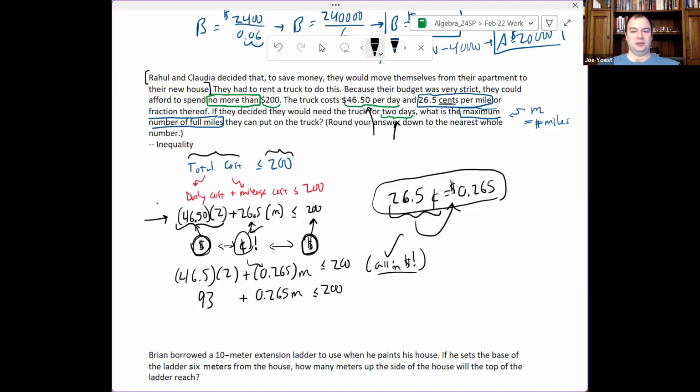Again, the context of the problem gives us the units. The units can be used to check and make sure that everything works out right. In this case, I saw it initially. If I hadn't, I would have gotten down to something like M less than or equal to 3, and I'd ask, does it make sense that I could only drive the truck 6 or 7 miles for $200?